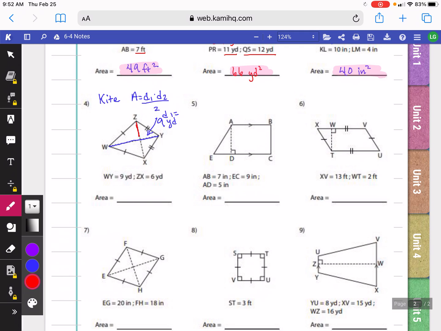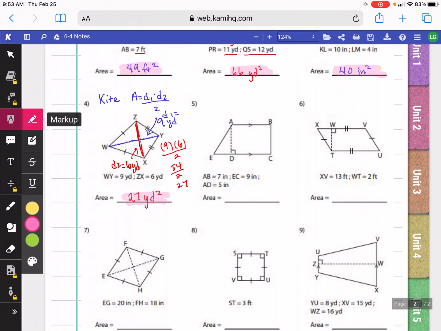And then ZX is equal to 6 yards. I'm going to call that my diagonal 2. And then I can plug into the formula to find my area. So the formula is to take diagonal 1, multiply diagonal 2, and divide by 2. If I do this, this simplifies to 27. And since it's area, my units are yards squared.